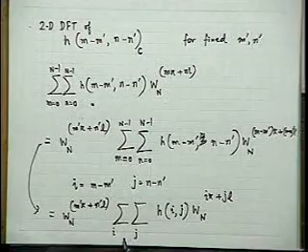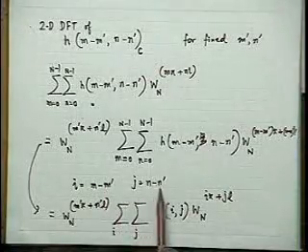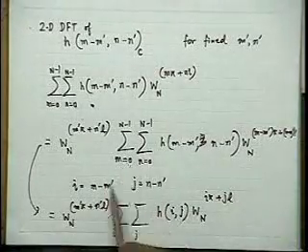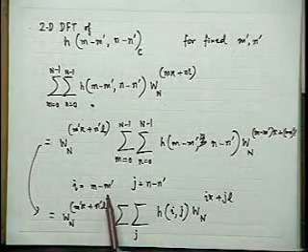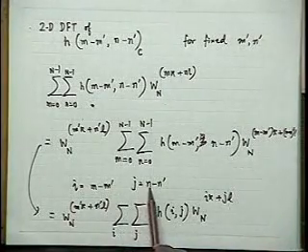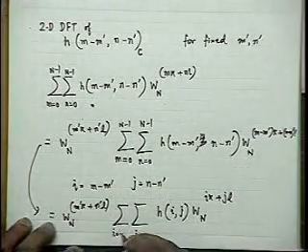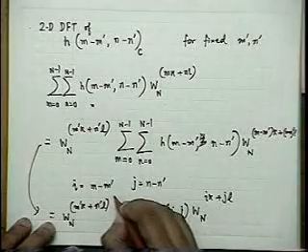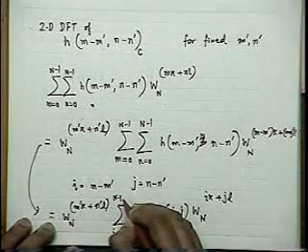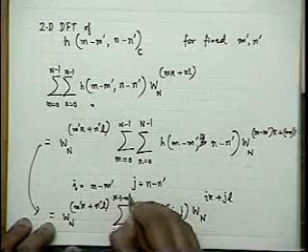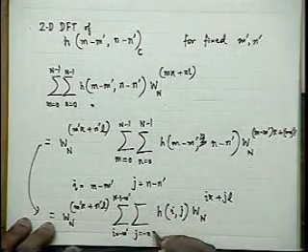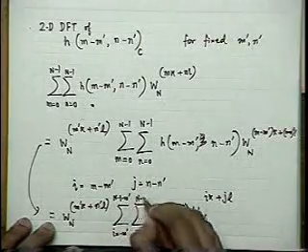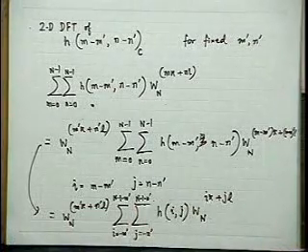No, minus m prime, because I am making the substitution i equal to m minus m prime and j equal to n minus n prime, so that when m is equal to 0, i is equal to minus m prime, and j is equal to minus n prime. So i goes from minus m prime to N minus 1 minus m prime, and j varies from minus n prime to N minus 1 minus n prime.